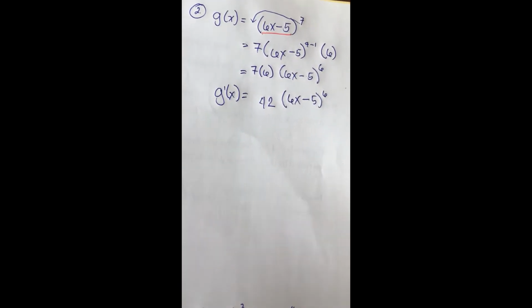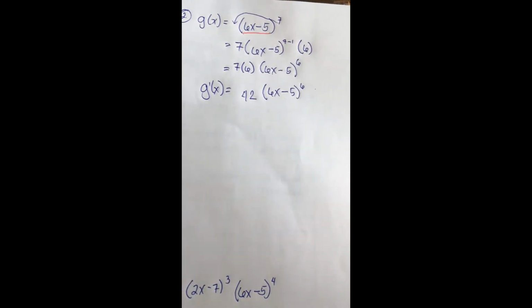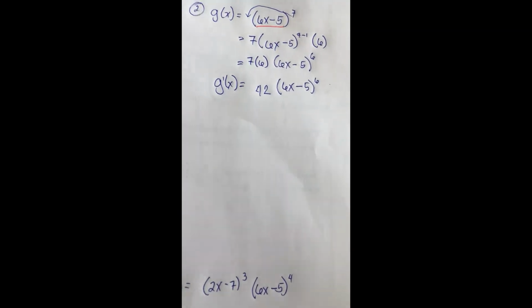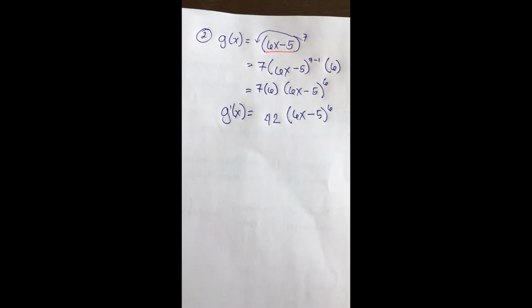Just like what I've said, you cannot distribute this one because the exponent is 6. Always take note that you only distribute if the exponent is 1. So that's our solution for example number 2.